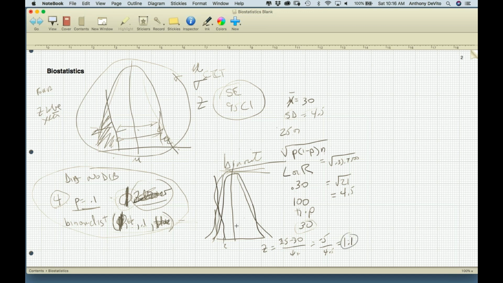So you can go to your z-table and see what area a z-score of negative 1.1 represents, because it's to the left.